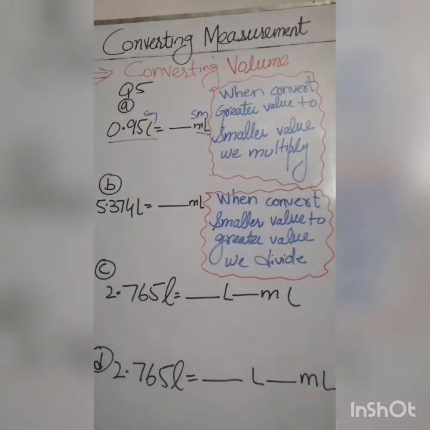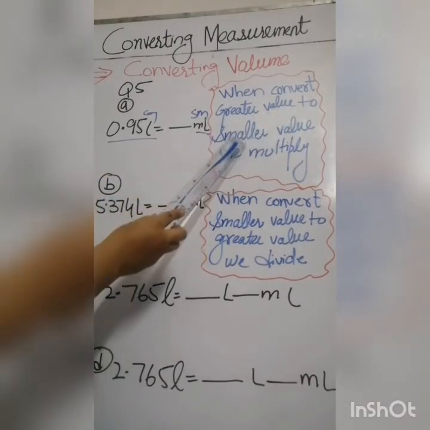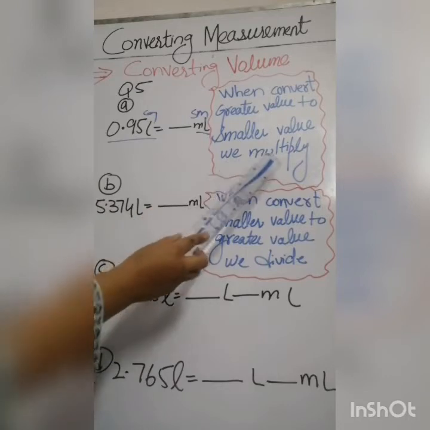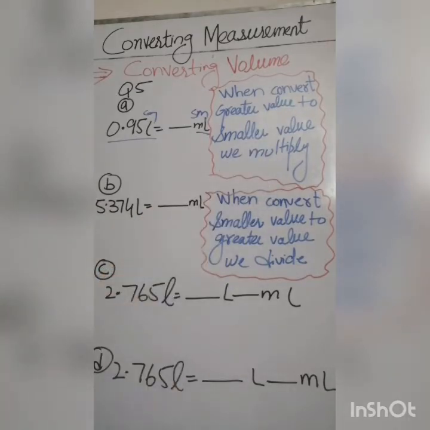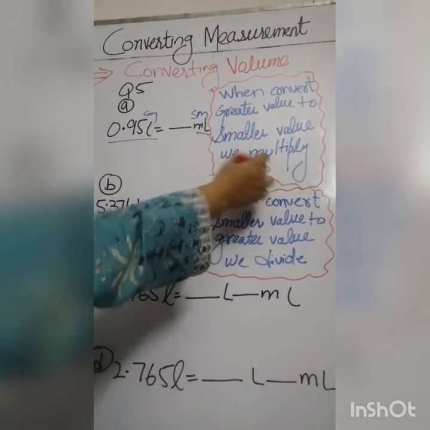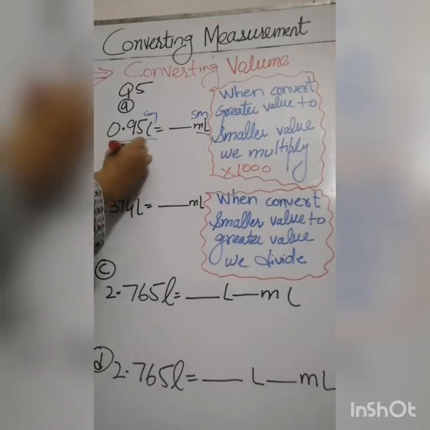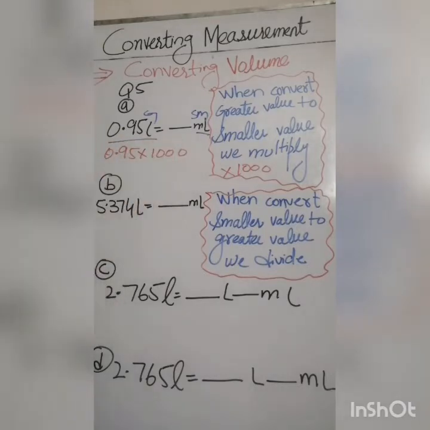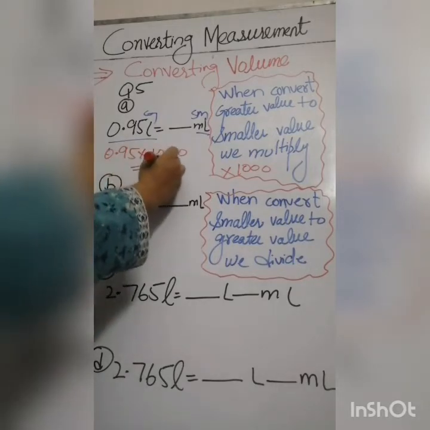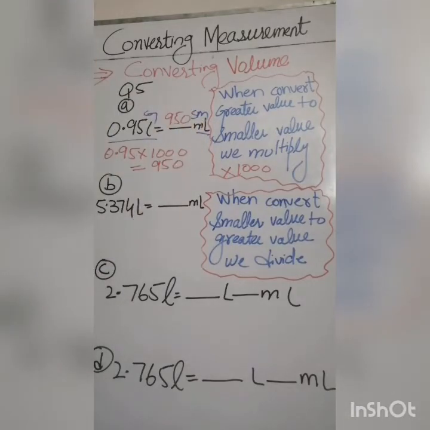When we convert greater value to smaller value, we multiply by 1000. So, when we multiply 0.95 by 1000, we get 950. So, 950 ml is the answer.